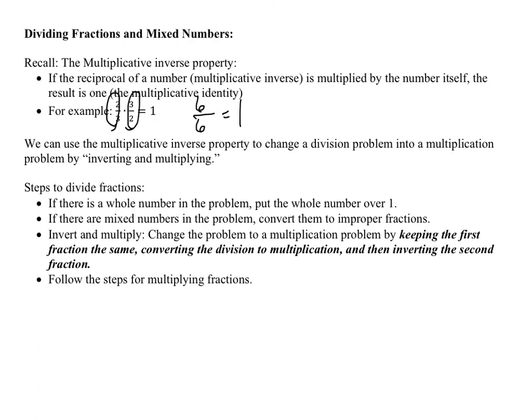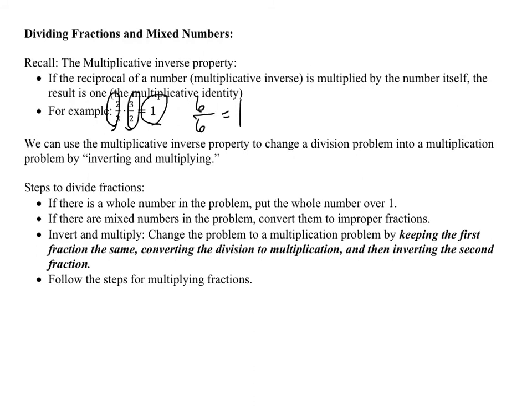So the cool thing is we have a multiplicative inverse going on, and 1 is the multiplicative identity. I love saying all those numbers. So we can use these properties to change a division problem into a multiplication problem by inverting the fraction. Inverting means flip it and multiply.